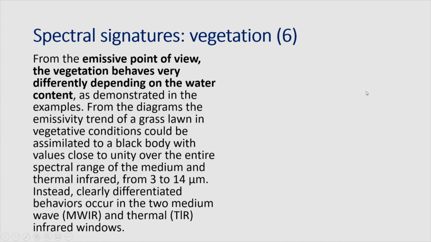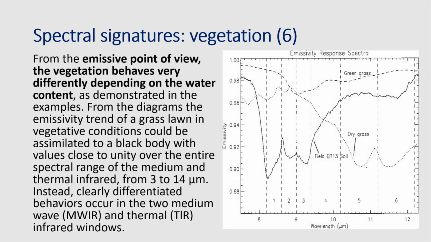From the emissive point of view, the vegetation behaves very differently depending on the water content, as demonstrated in the examples. From the diagrams, the emissivity trend of a grass lawn in vegetative condition could be assimilated to a black body, with values close to unity over the entire spectral range.